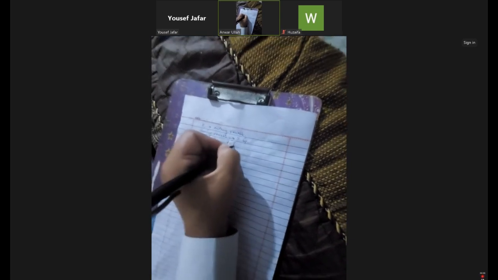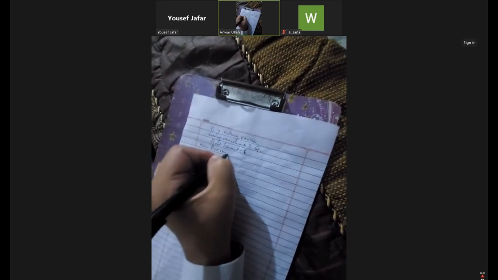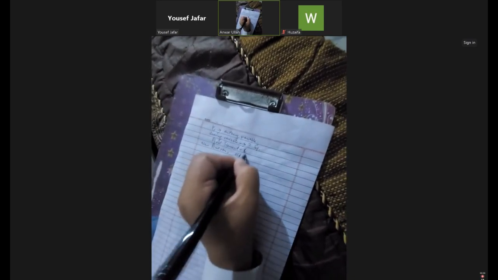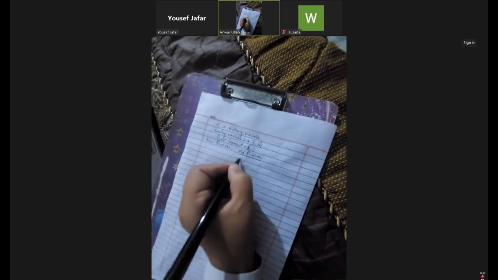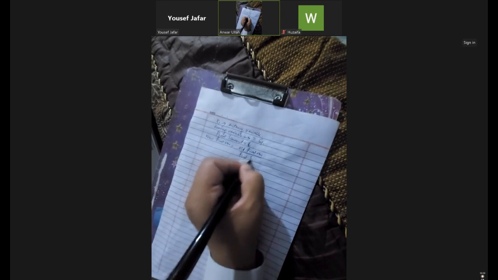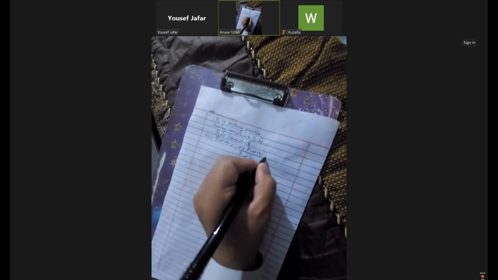So 6 is the pivot element. Now, the new pivot row is equal to the old pivot row divided by the pivot element.